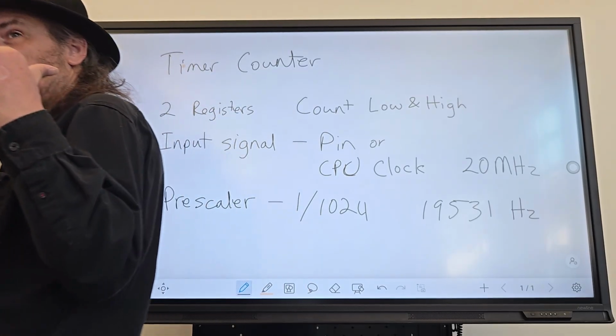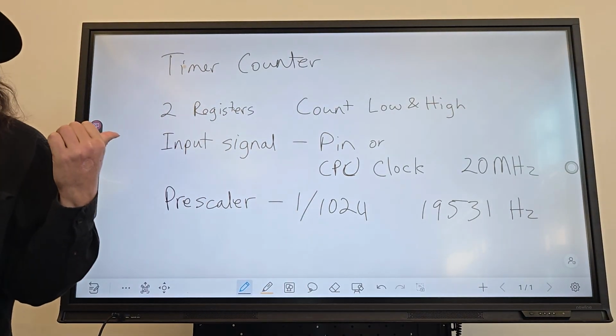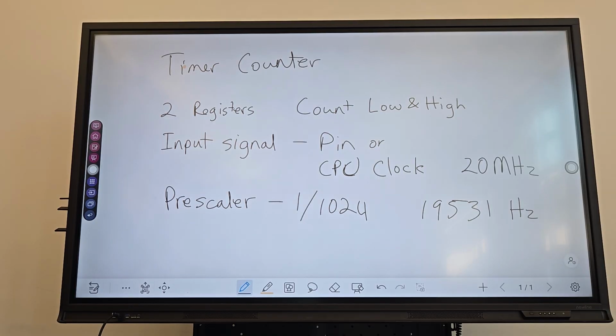Now that number, 19,531, is less than 65,535. So you can set the period register of the clock at that number, and it will trigger an overflow every second.